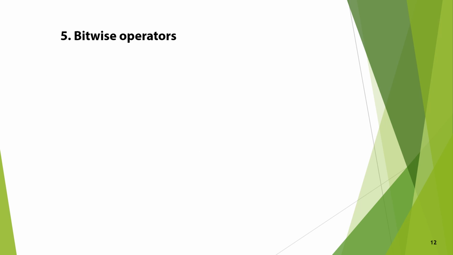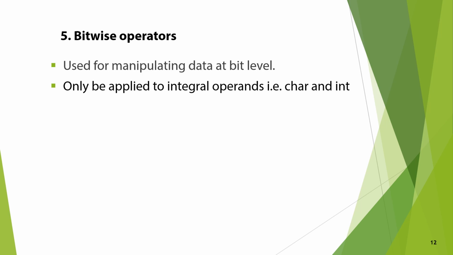The next type of operator is bitwise operators. Whenever we want to perform an operation on data at bit level, we can use bitwise operators. These operators are only applied to integral operands, that is character and integer. Why characters? Because you know that they are stored with their ASCII values.